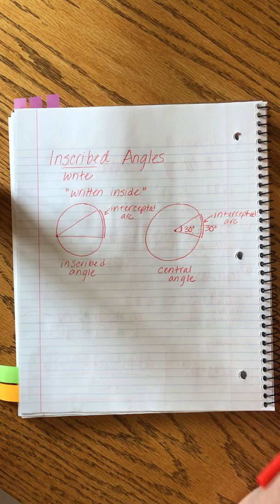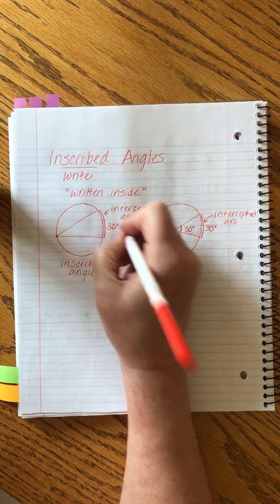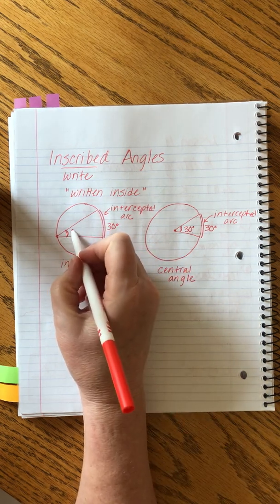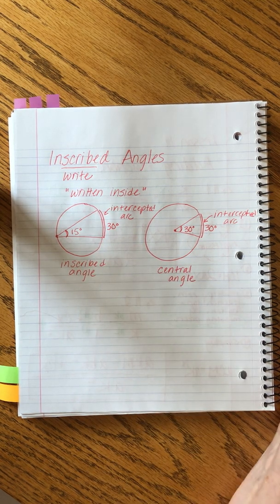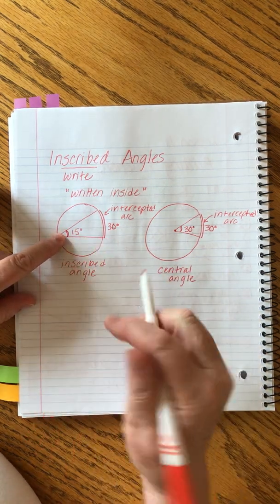All right. But in an inscribed angle, the intercepted arc is twice as big as the angle. Okay. So that's interesting. So this gives us a really interesting relationship.